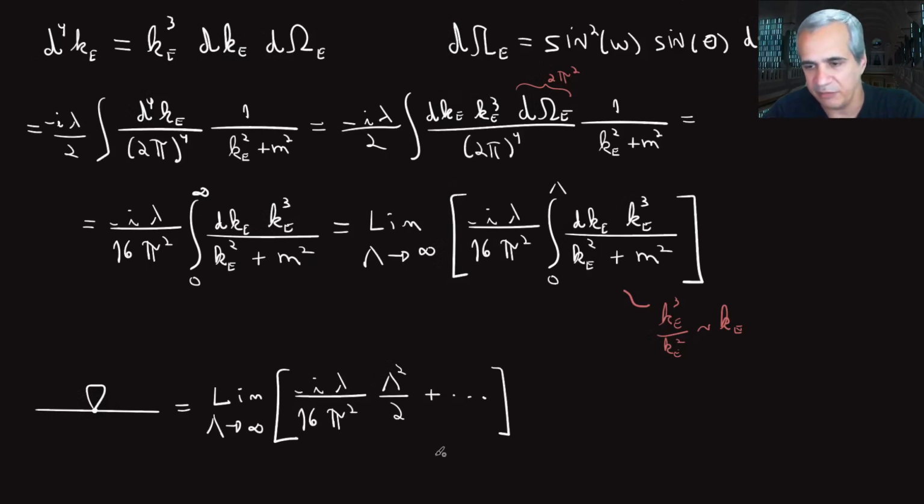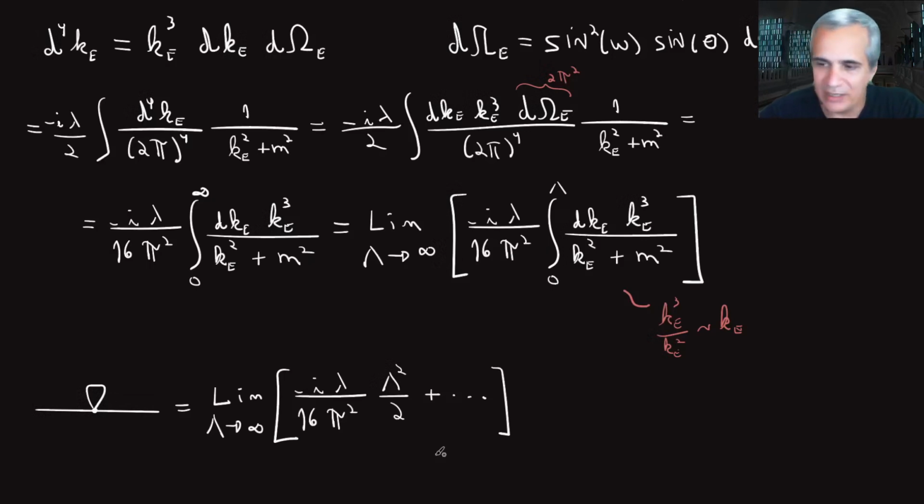If you're calculating things that are blowing up, but two things are blowing up at the same time, the difference between them might be physical. So you cannot just throw this away. You have to keep your infinities under control so that you can see how fast things are diverging and see if their difference is finite, and if there is any observable that depends on the difference between them, even if nothing can depend directly on these diverging quantities.